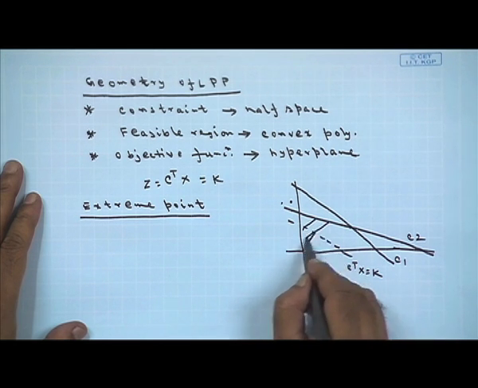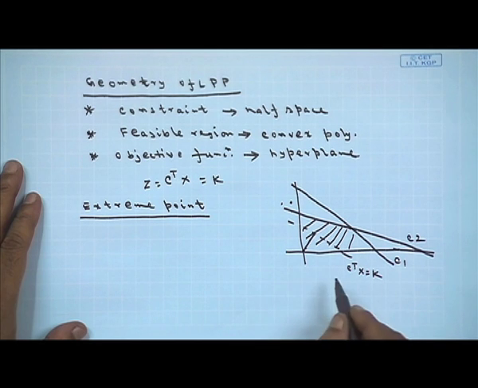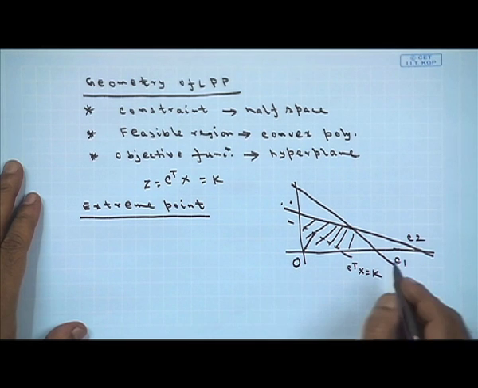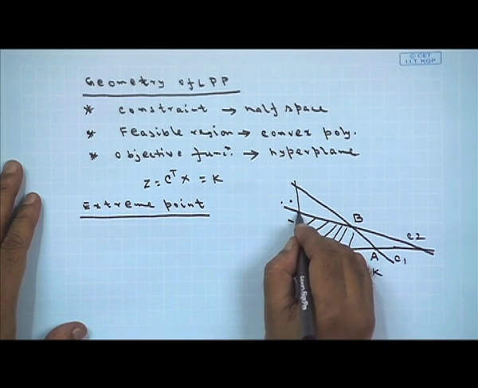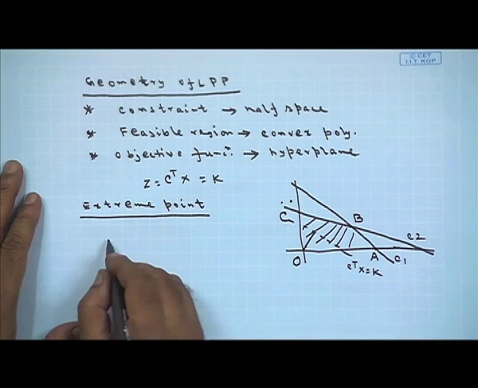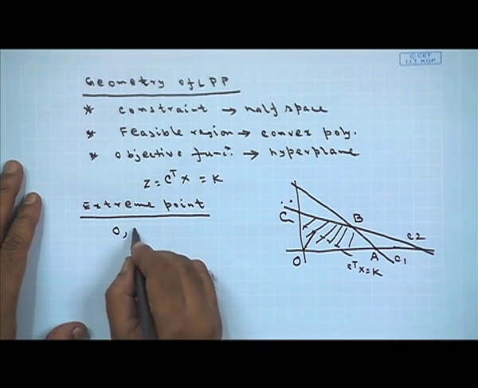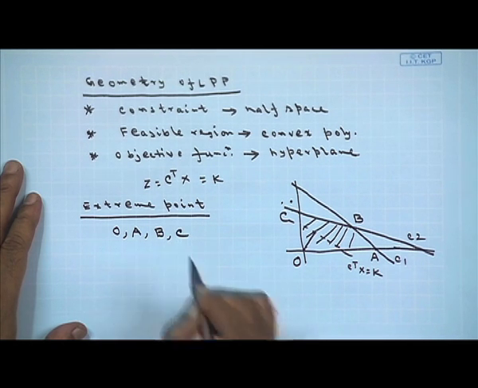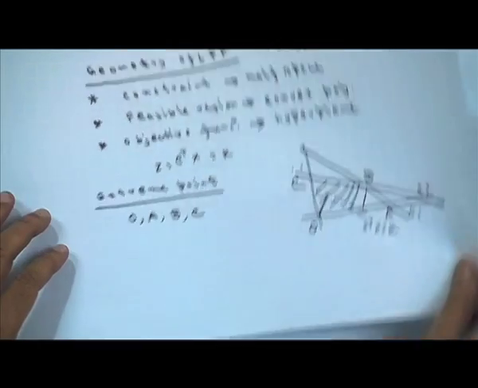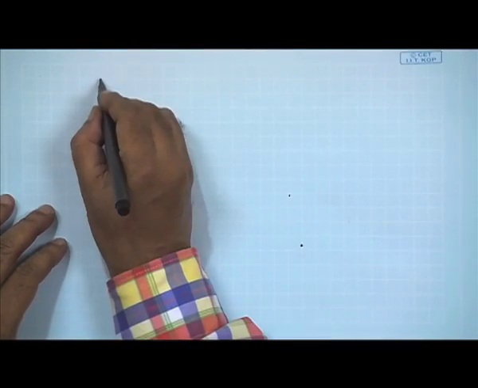Then your feasible region is basically nothing but this. And what are the extreme points? Extreme points will be the intersection of the boundaries of these 4 lines. So, you can obtain the intersection at O, at this point A, at this point B, and also at this point C. So, your extreme points will be O, A, B and C. These are the extreme points of your problem, which we have discussed earlier also.